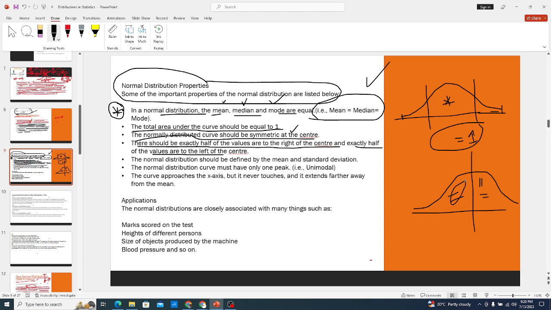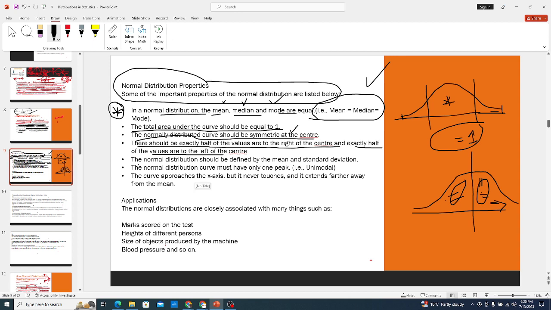All the values here and all the values here should be equal to each other. Half of the values used to plot this distribution are on the left, and the other half are on the right of the curve.